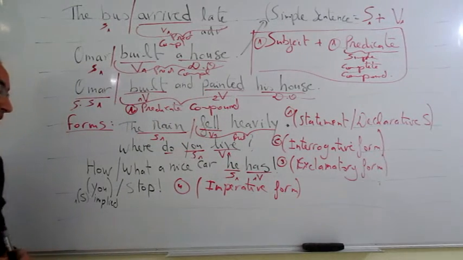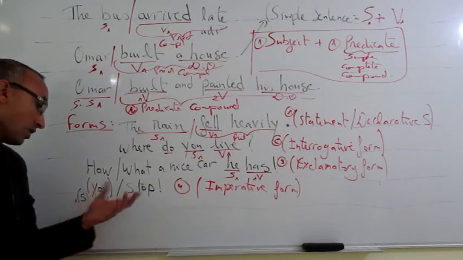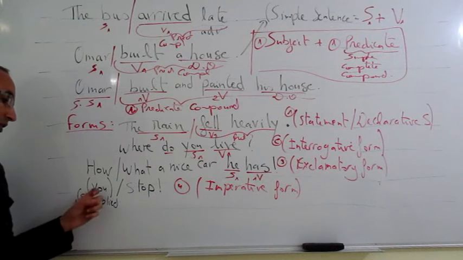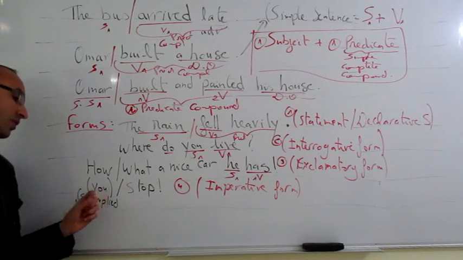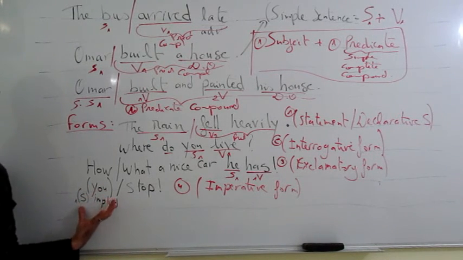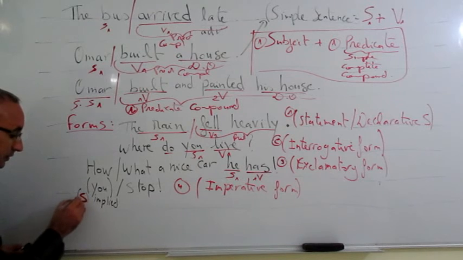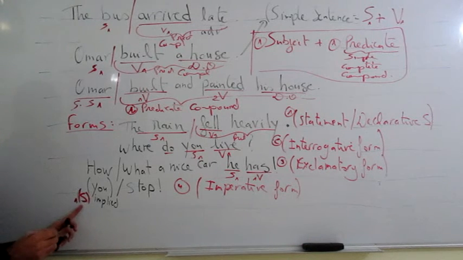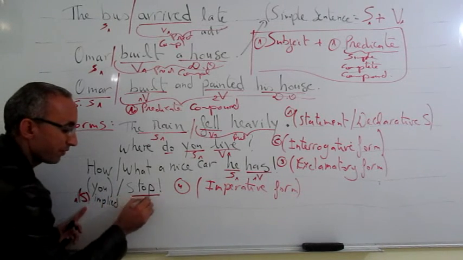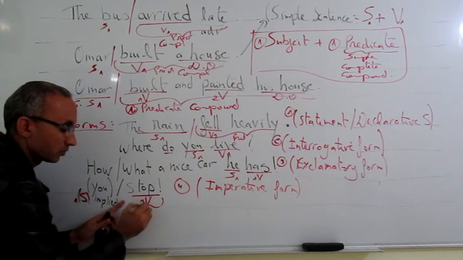Imperative form, in which usually the subject is implied or hidden, which is you. Here I have one simple subject and one verb within one predicate.